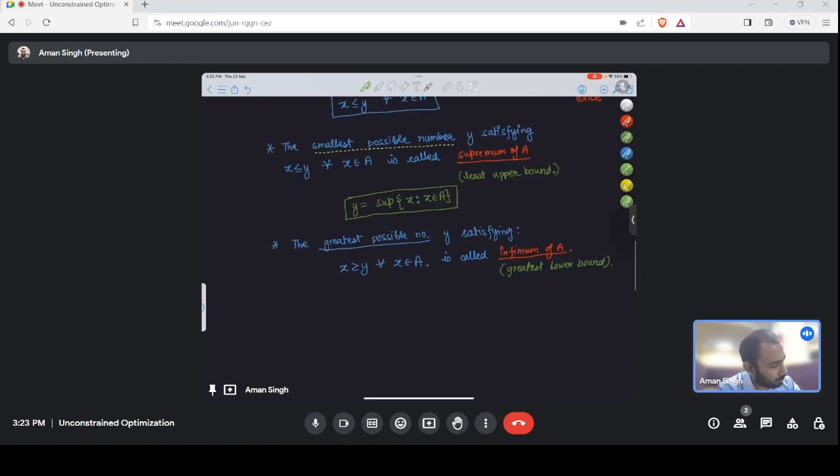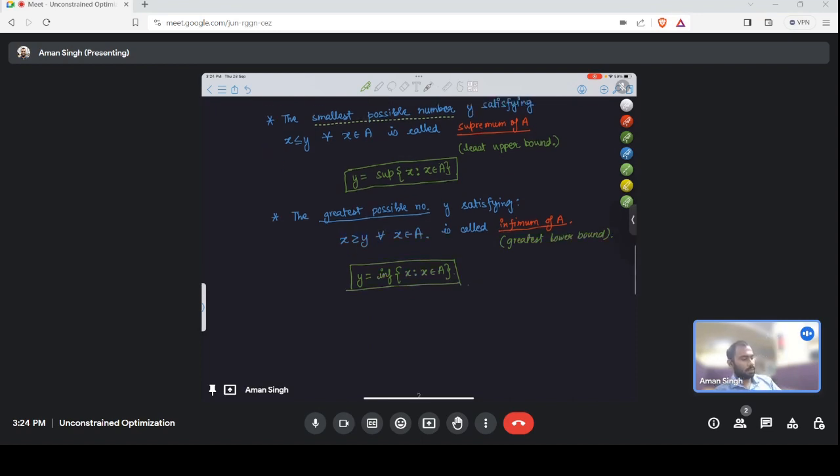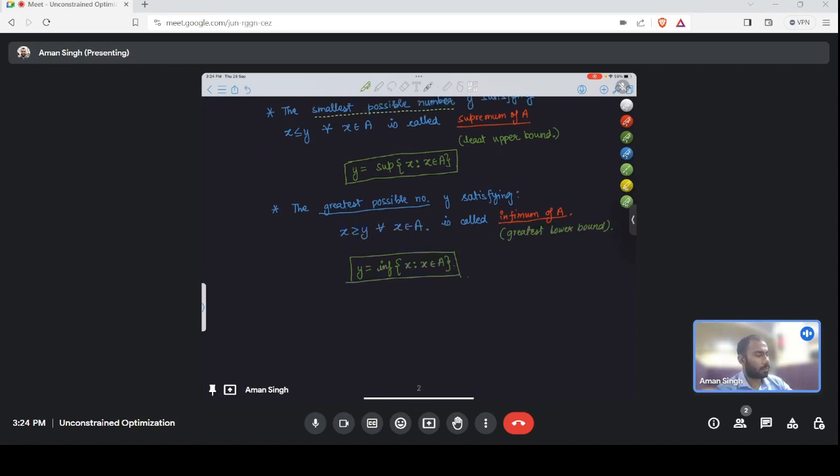And it is represented in a similar way: y equal to inf of x such that x belongs to A. So this is how we define infimum and supremum.